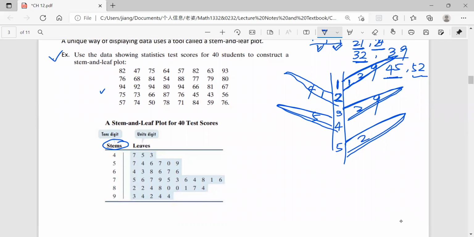The first part is the stem, that's the tens digit. The second part is the leaves, that's the unit digit. Let's see, we have 80 something, 40 something, 70 something, 60 something, 50, 80, 60. And then I conclude that the stem can be 4, 5, 6, 7, 8, 9.